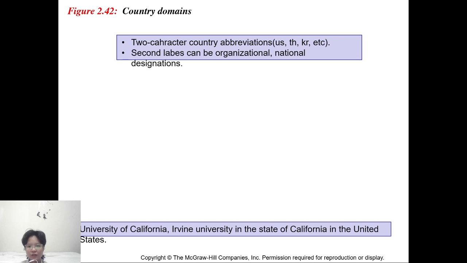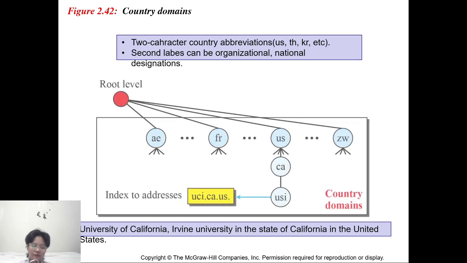Second level can be organization, national designation, like this picture. University of California, a university in the state of California in the United States.